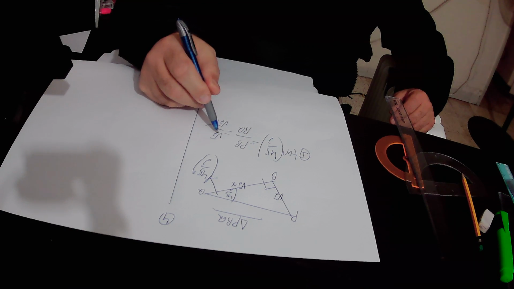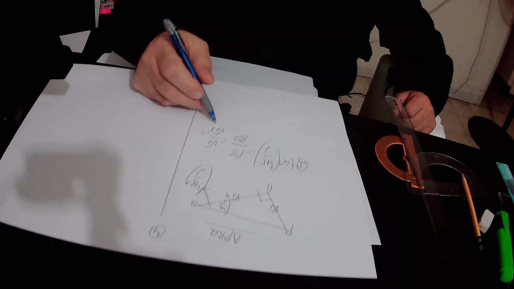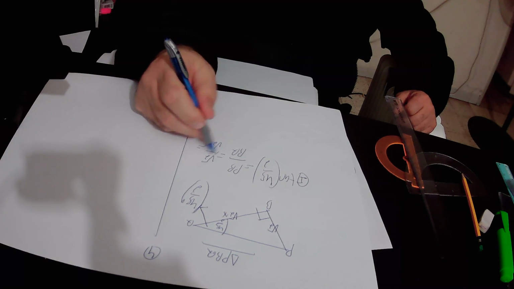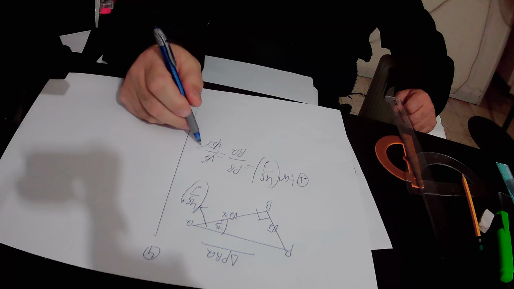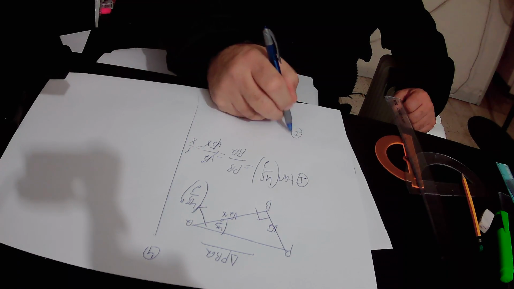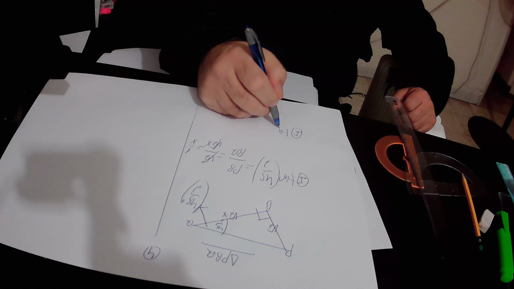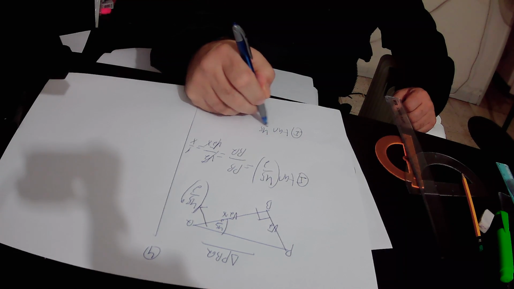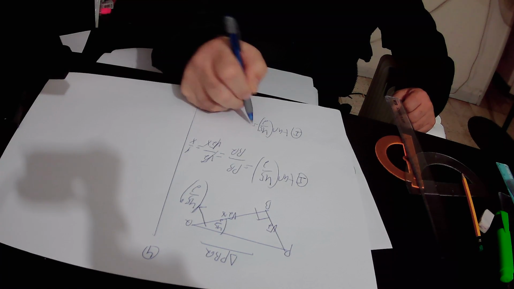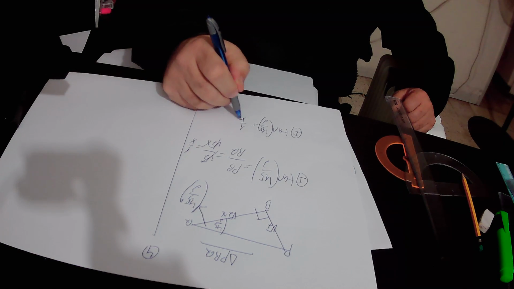So we have square root of 2 in the numerator and square root of 2 in the denominator, so the square root of 2 gets cancelled, and we are left only with 1 over x. So in conclusion, we found that according to equation number 1, tangent 45 over 2 degrees equals 1 over x.